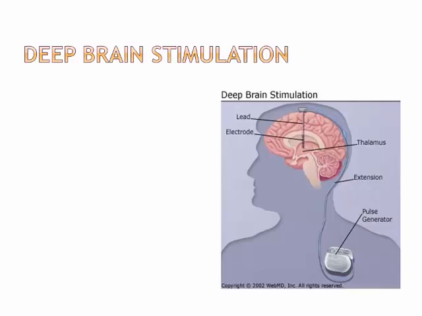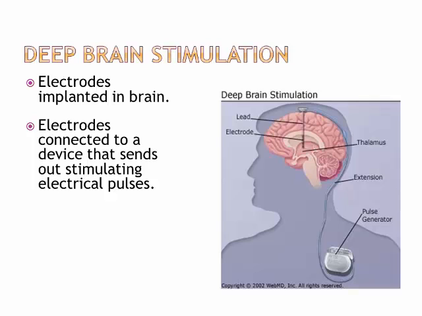A second modern form of psychosurgery is deep brain stimulation. In this procedure, electrodes are implanted in various regions of the brain, and the electrodes are connected to an electrical device that sends out stimulating electrical pulses.